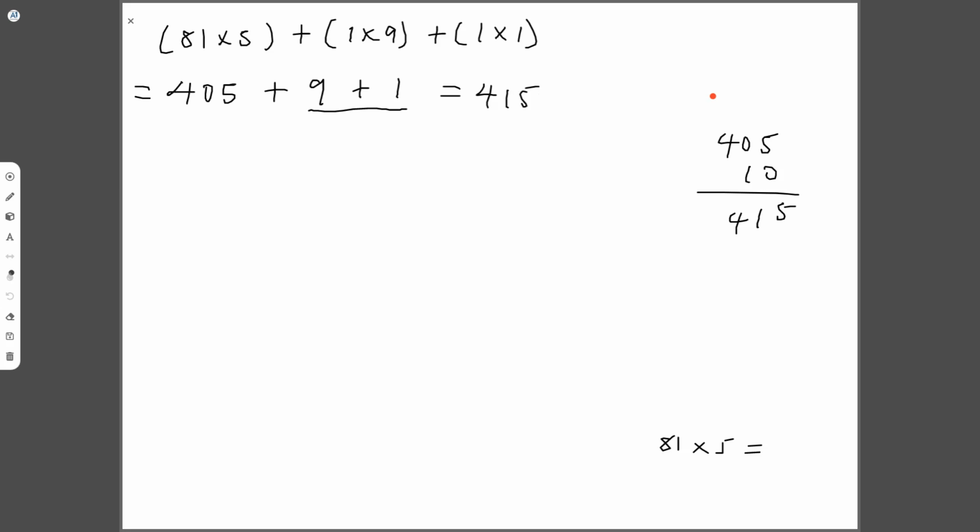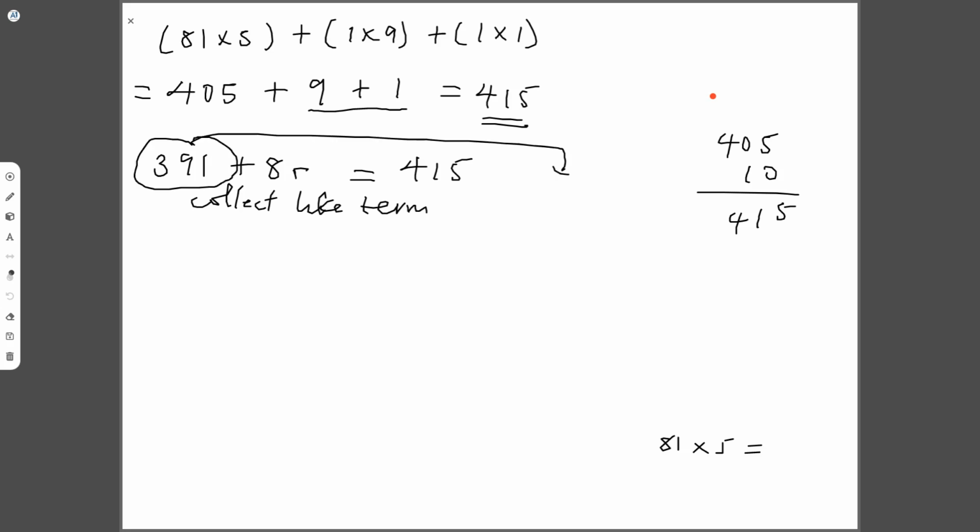Now we are going to equate this answer to what we got earlier. What we got earlier was 391 plus 8R, which is equal to the other side, which is 415. By simple collection of like terms, this is positive. Moving to the other side, we have it as negative. 8R will now be equal to 415 minus 391.